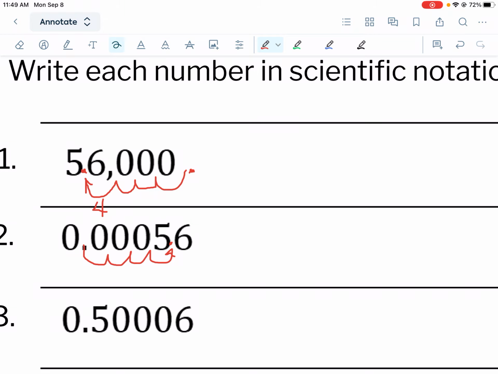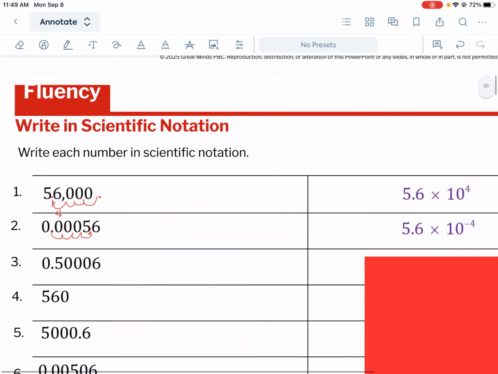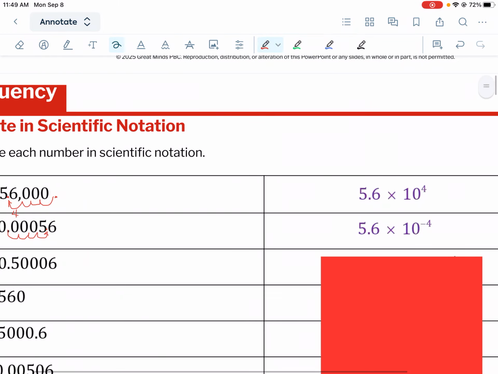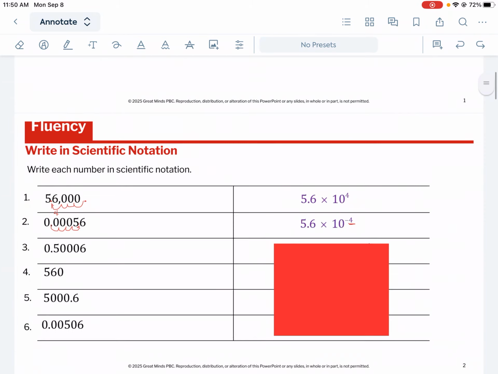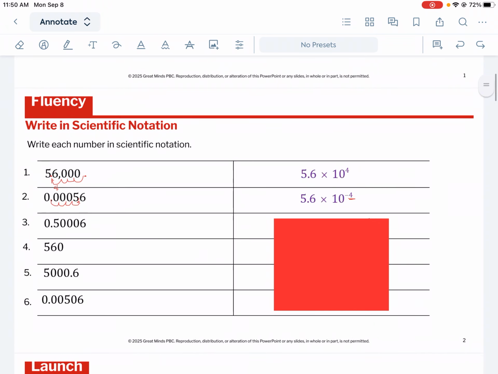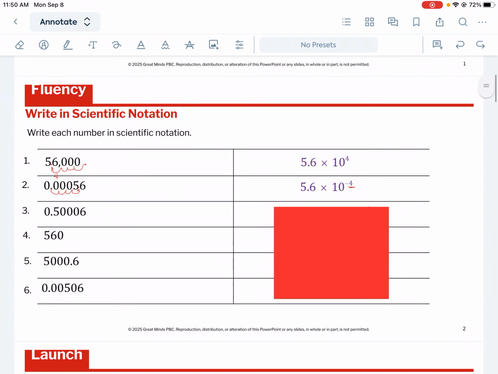And because we moved to the right for a small decimal number, our exponent here, or our order of magnitude, is going to be a negative 4. Okay? I'm going to leave you to do 3, 4, 5, and 6 on your own. Pause the video here to allow time for warm-up. After warm-up, come back.